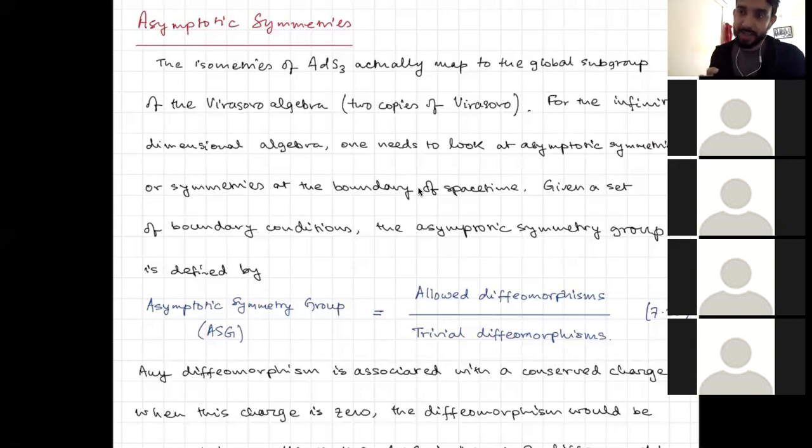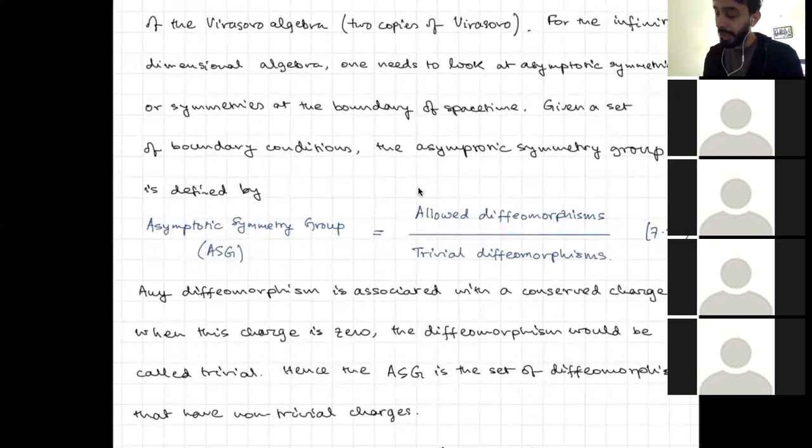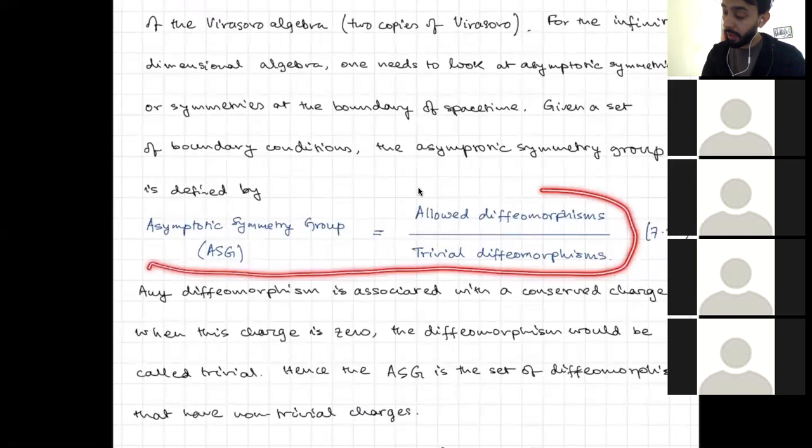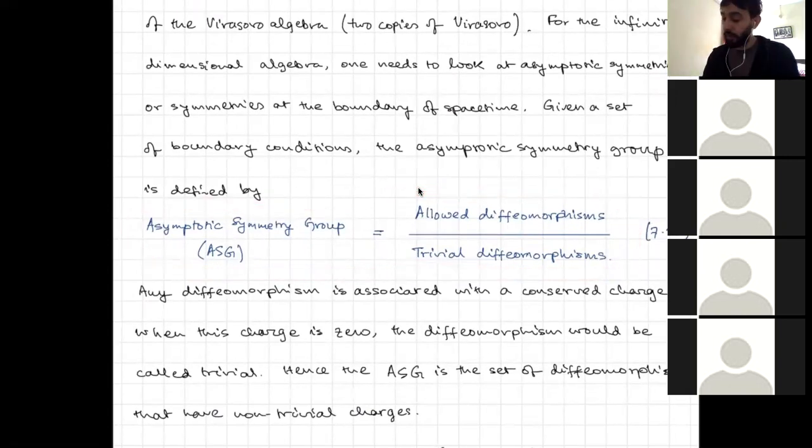So in a sense, the asymptotic symmetry group is going to capture only those diffeomorphisms which have non-trivial charges. This is the important thing, and this is what is called the asymptotic symmetry group.